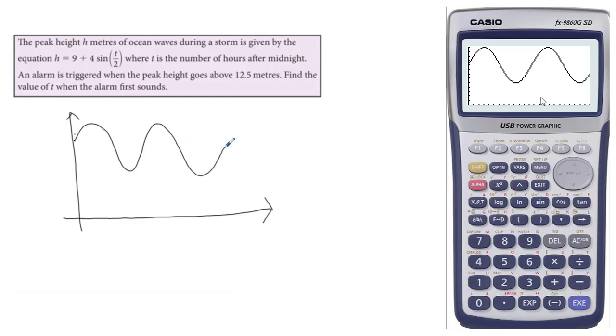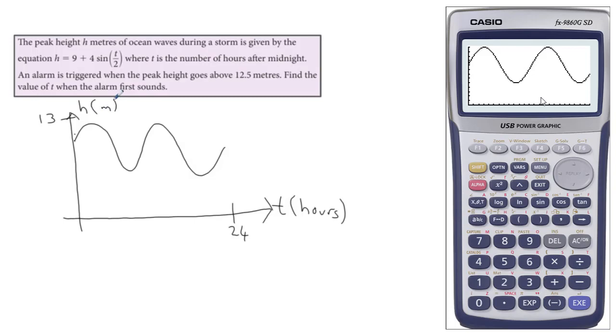Something like that. We went up to 13. This is h and this is t, and we went up to 24. Could put the units, but the marks don't really come from the graph. Maybe a little bit just to show working, but the mark comes from understanding the question and getting it right.